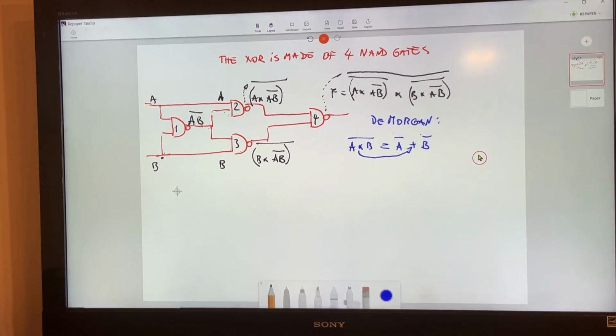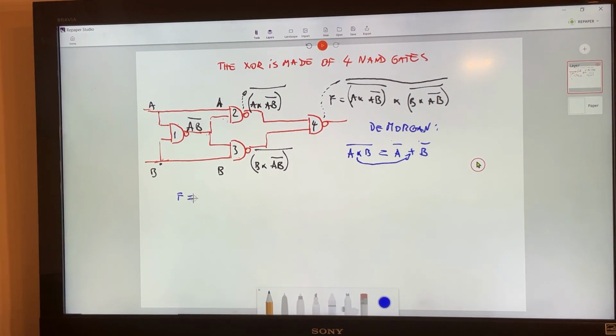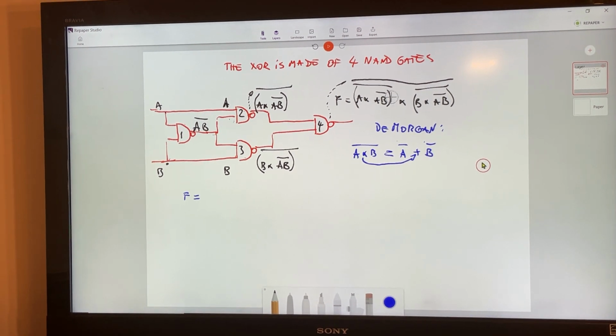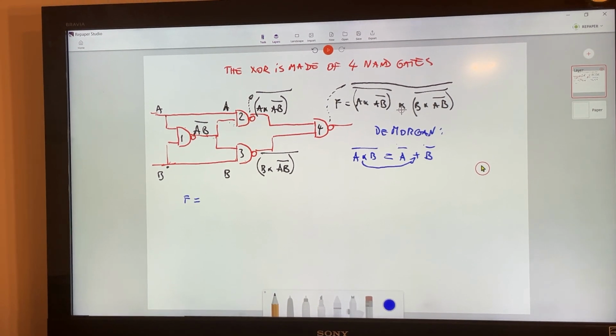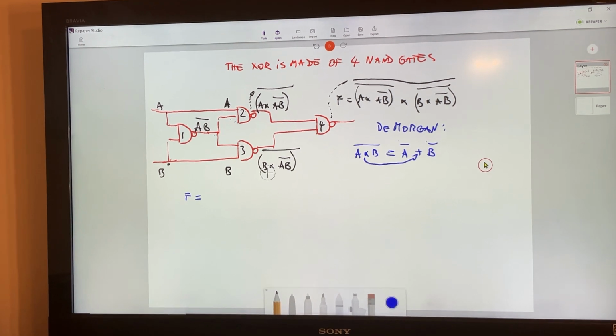So I'm going to put it here. The function is going to be equivalent to breaking the bar over here in the top and changing the mathematical sign from multiplication to addition, like that.